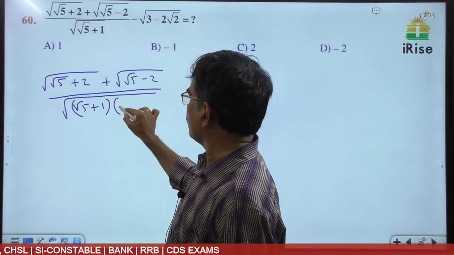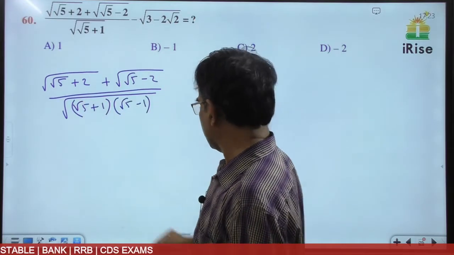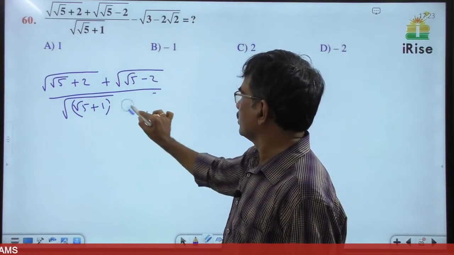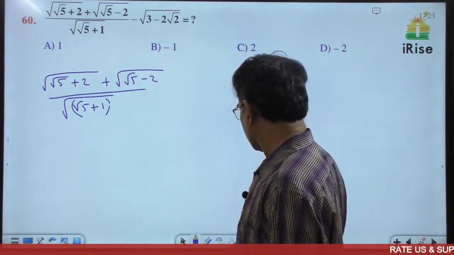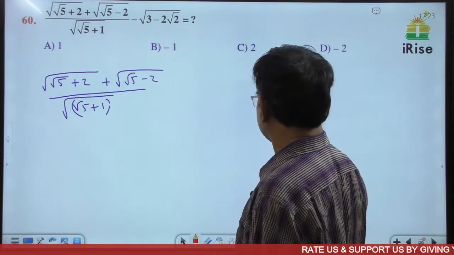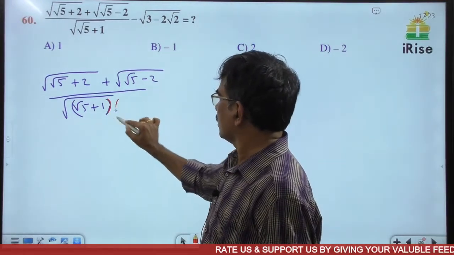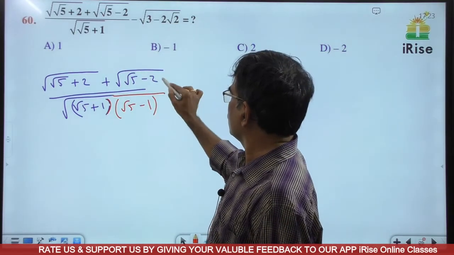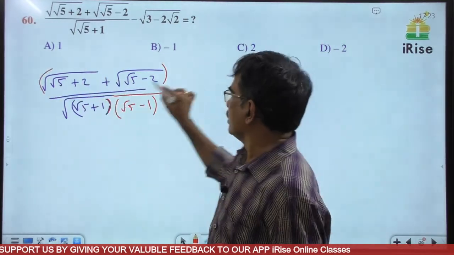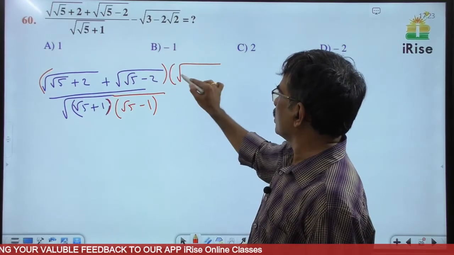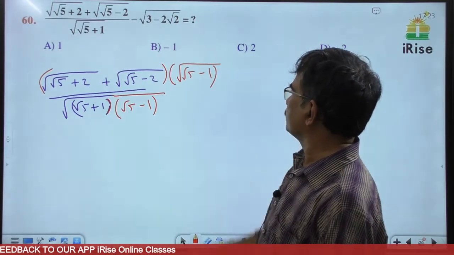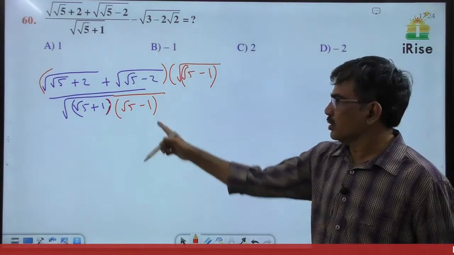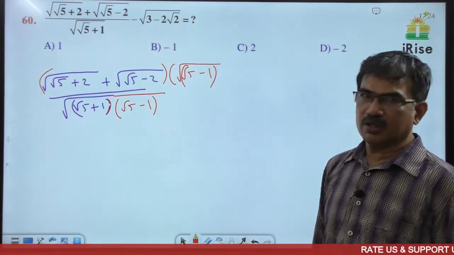I want to multiply this by root of (root 5 minus 1), and here also multiplied by root of (root 5 minus 1). Multiplied and divided by the same number.